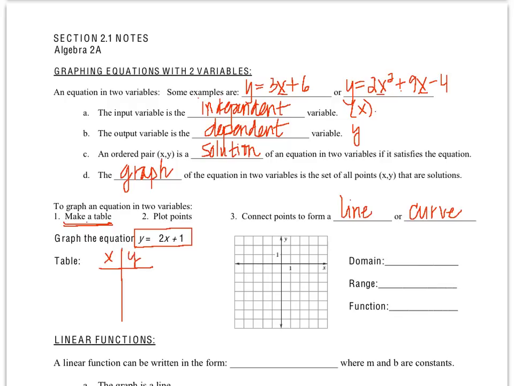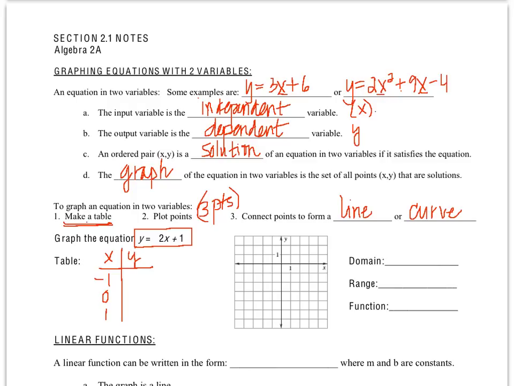Most of the time, I'm going to pick three to 4 points, something like that. And I always try negatives, zeros, and positives. So I'm going to go -1, 0, and 1 for right now. You have to plot at least 3 points, okay? Keep that in mind. Plot 3 points. That's important because I need 3 points to determine is it a line or is it a curve? And if it's a curve, I'm going to need more points.